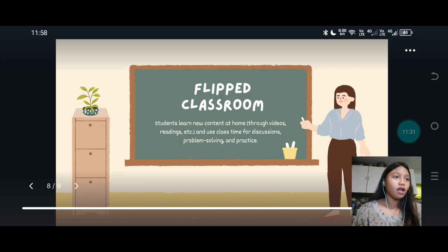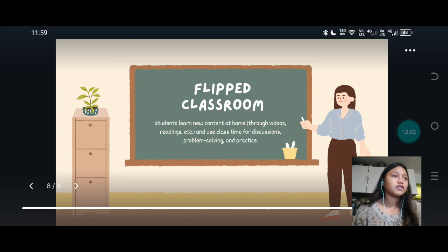So this promotes independent study habits because the students study in advance at home without any supervision, and then it maximizes class time for application and feedback. So mostly the students will just ask for clarifications about the subject or about the lesson that the teacher has given because they had already learned or studied it at home.